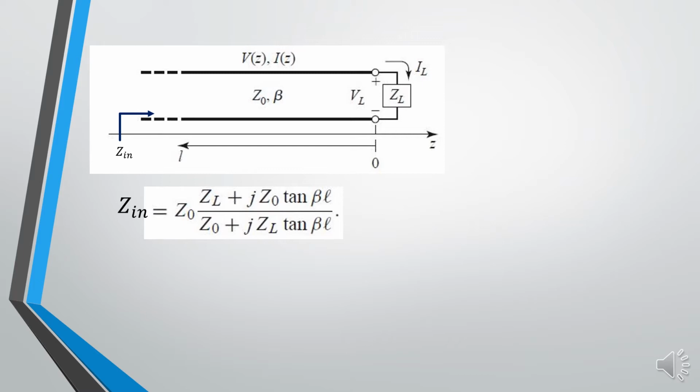The reflection coefficient at the load end can be calculated from this formula: ZL minus Z0 divided by ZL plus Z0.